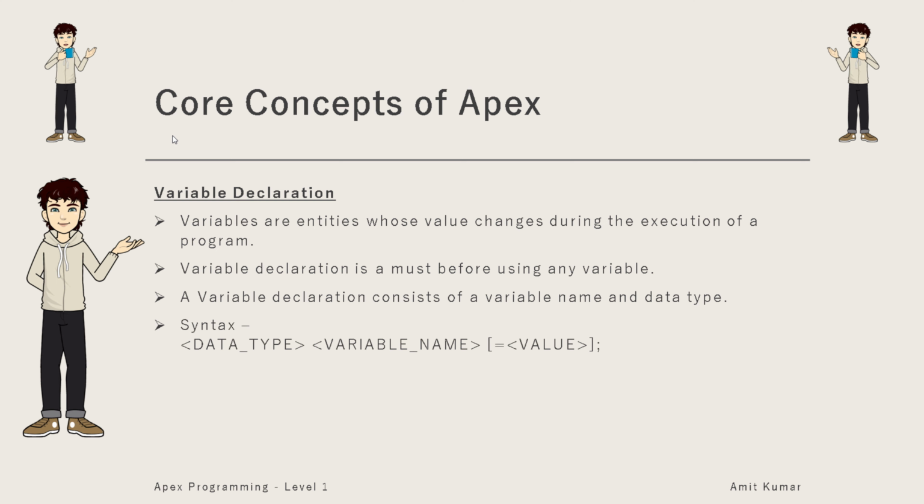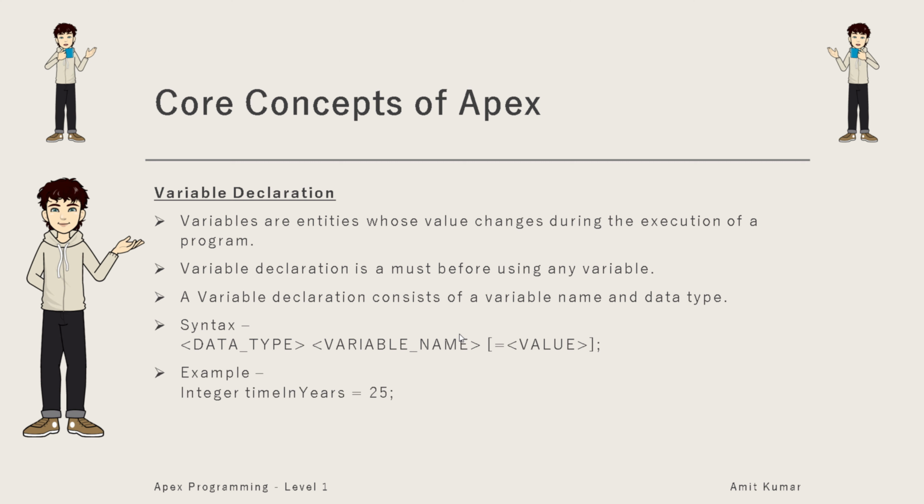So the syntax would look something like this, where we specify the data type first, then the variable name, and then it's up to us. It's optional to initialize the value at the same time, but if we want, we provide an assignment statement, or equal to symbol, and then the value that we want to provide in that variable. Of course, the part in the square bracket is optional, and we can simply put the semicolon after the variable name itself.